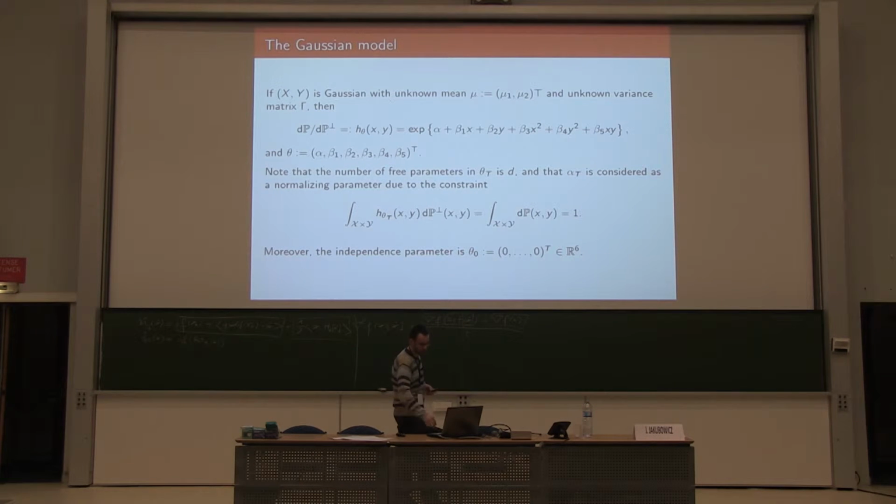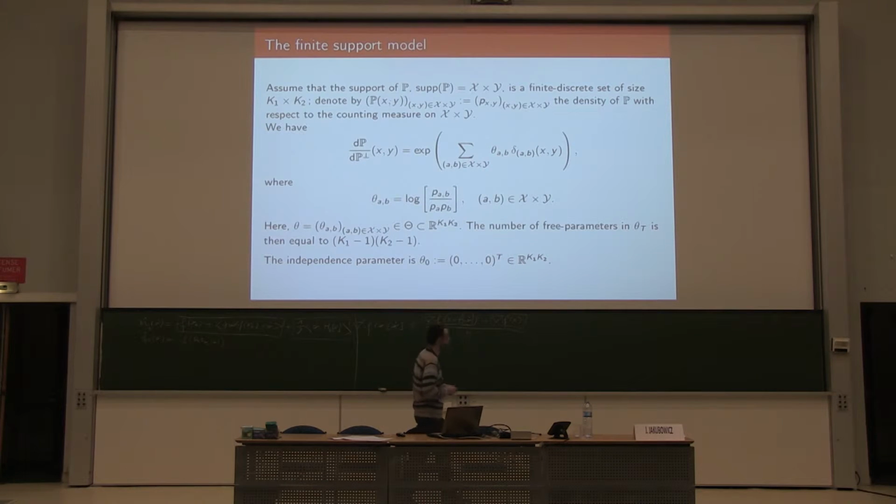It also covers the finite random variables case, because again you can represent the density ratio between the joint distribution and its marginals in the form expected in the model.